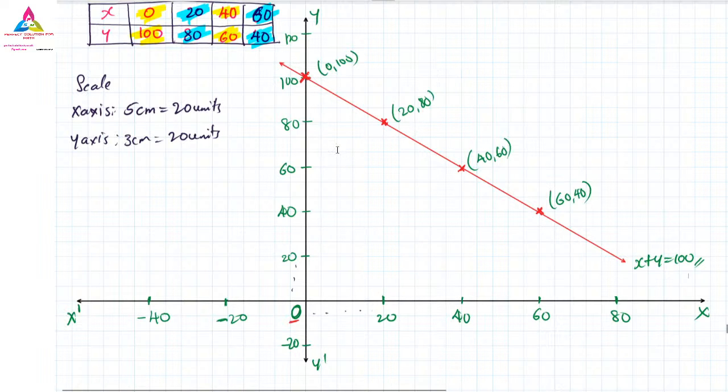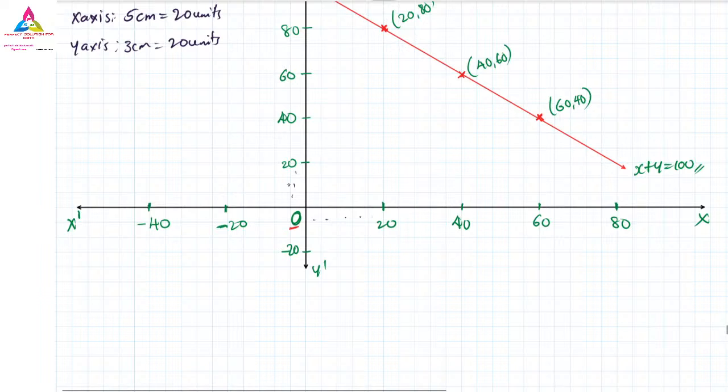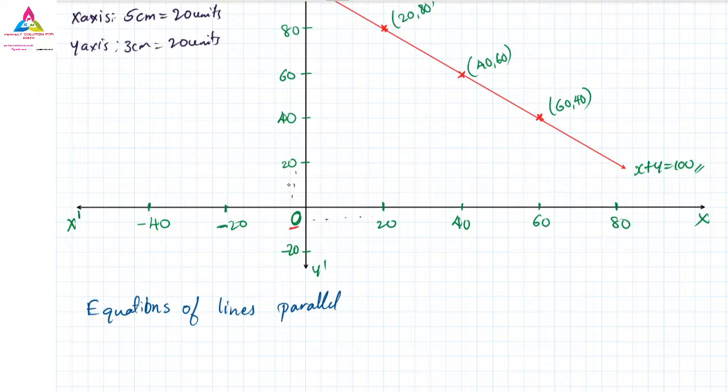But now let us move into the next exercise. So all of you write down the heading of the next lesson in your graph book only. The heading of this is equations of lines parallel to the x-axis and y-axis.